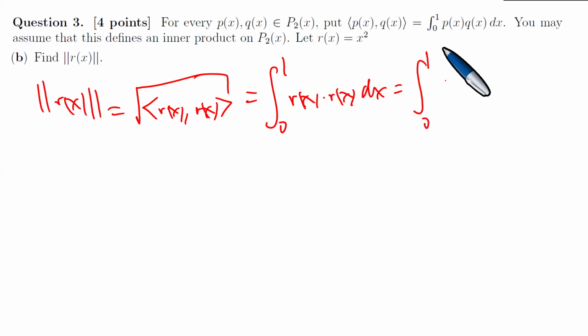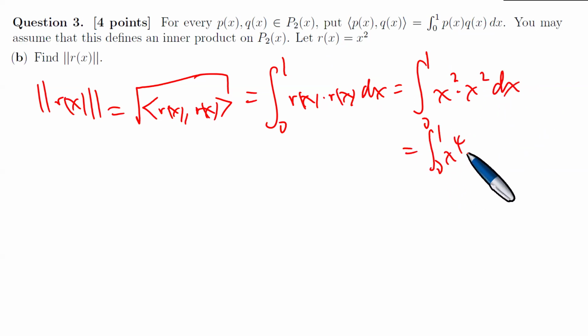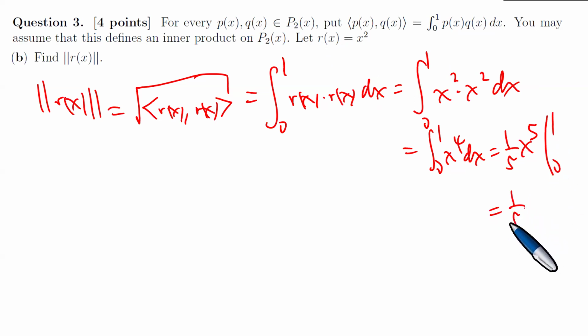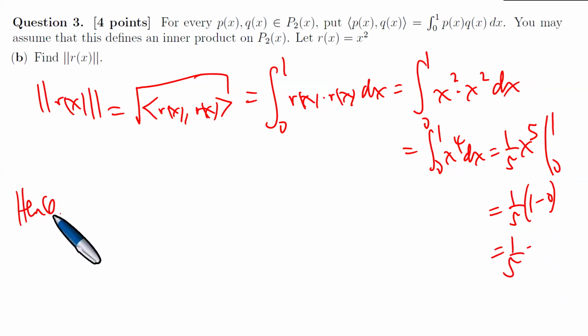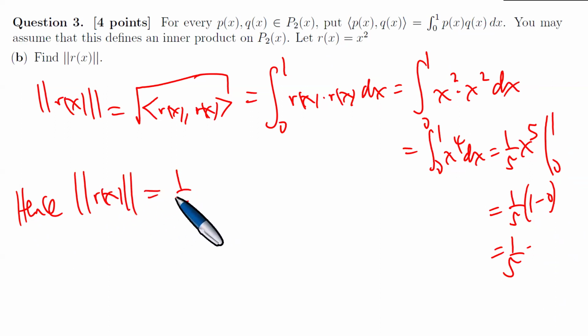What is Rx? Rx is x squared, and therefore this is the integral of x to the 4th power dx, which is exactly 1 over 5 x to the 5th power from 0 to 1, which is 1 over 5 times 1 minus 0, which is 1 over 5.